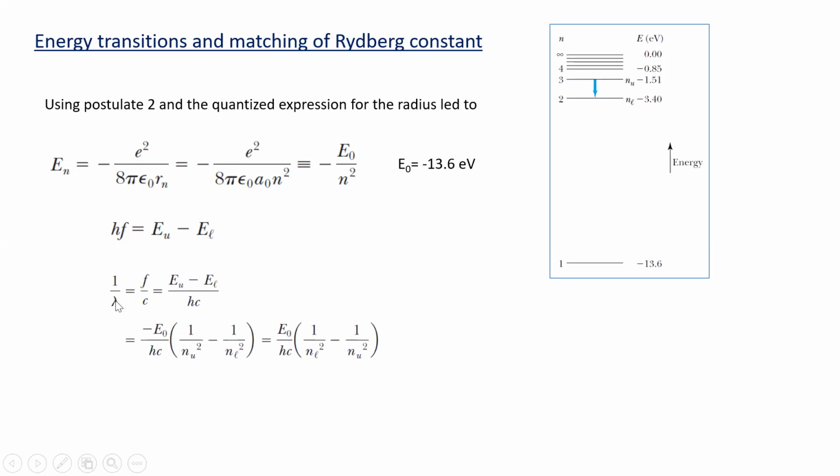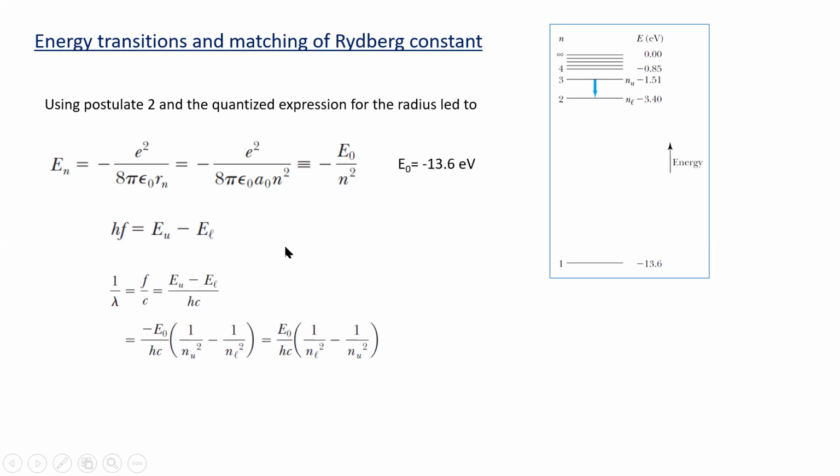We say 1 over lambda is equal to f over c. That's true because c is equal to f times lambda. And then f is equal to E_U minus E_L over h bar, and then that over c becomes E_U minus E_L over hc.